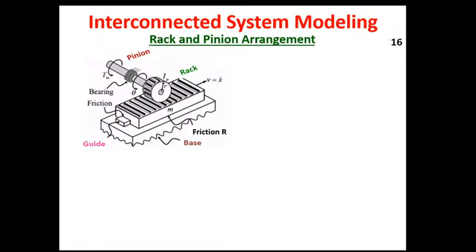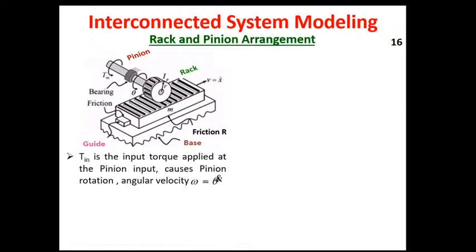The same system is shown. The rack is kept on its base, and now the input torque. So let us start from the input side. Input torque is given to the pinion system. T in is the input torque applied to the pinion system, and it causes the pinion rotation and angular velocity omega. Omega is equal to theta dot.